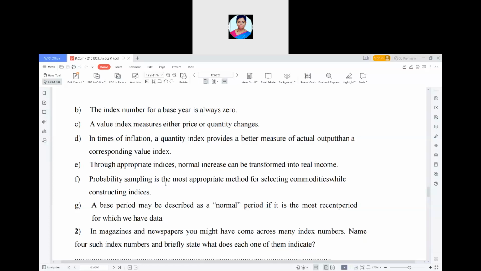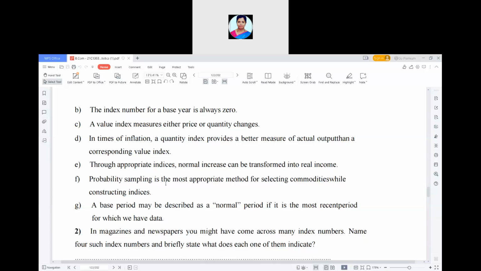And the next one is: a base period may be described as a normal period if it is the most recent period for which we have data. Okay, I believe we have seen what we mean by base year or base period, and similarly what we mean by current period or current year.